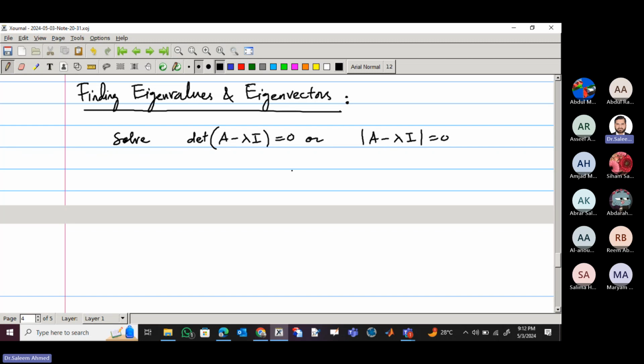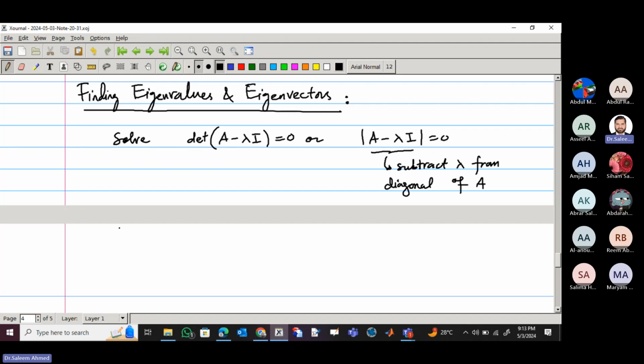What is A minus lambda I? We just subtract lambda from the diagonal of A. That's how you get it.